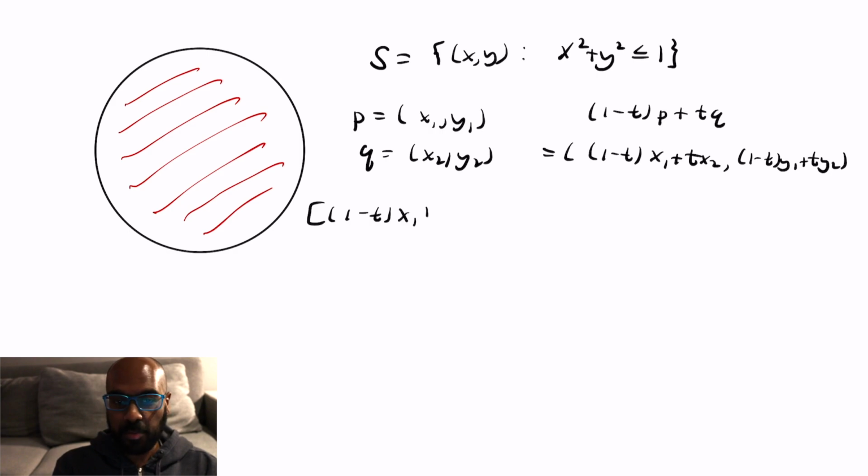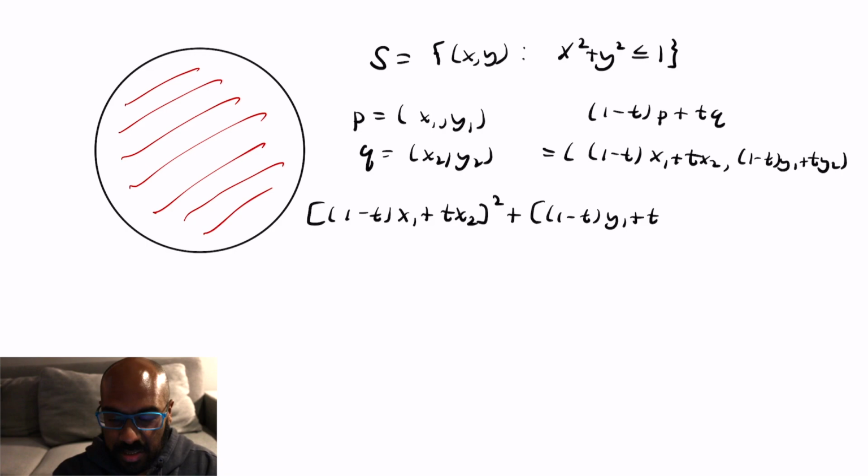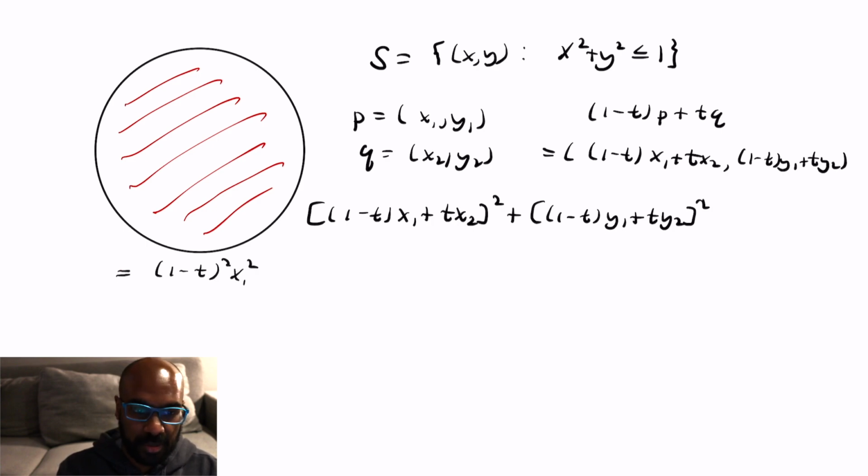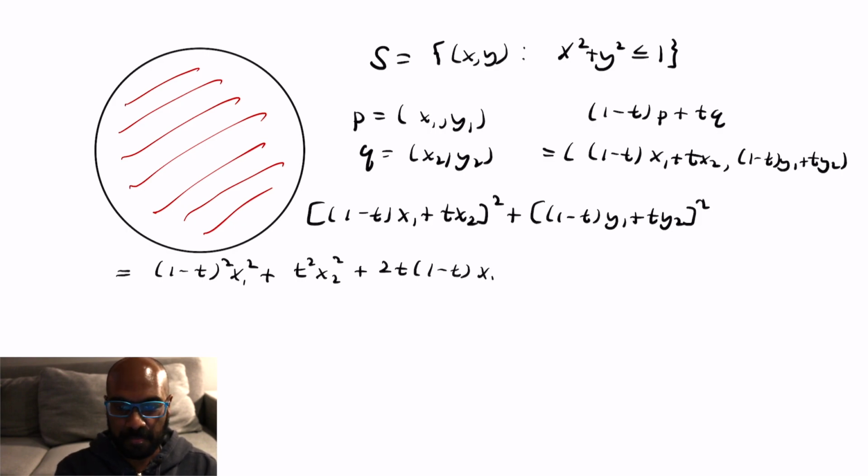Now we want to check that this point is inside of our set, so we need to check that the sum of the squares of its coordinates is actually less than or equal to 1. So let's write down the sum of the squares of the coordinates, but we're going to square them in a weird way. The first coordinate we'll square by squaring the first term, then adding the square of the second term, and then writing in the cross term, which is 2t times (1 minus t) times x1 times x2.